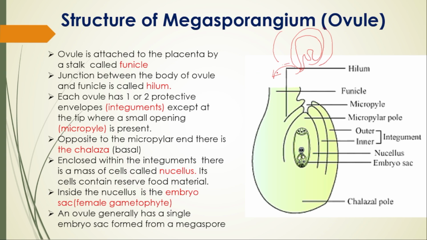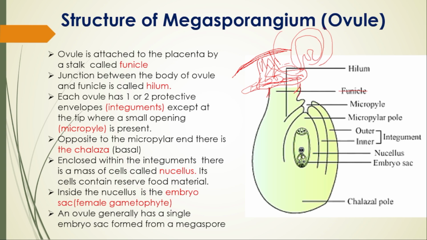Here there will be a placenta, and this placenta connects to the ovarian wall. The ovule attaches to the placenta with the help of what? Funicle. This is the funicle, this portion.